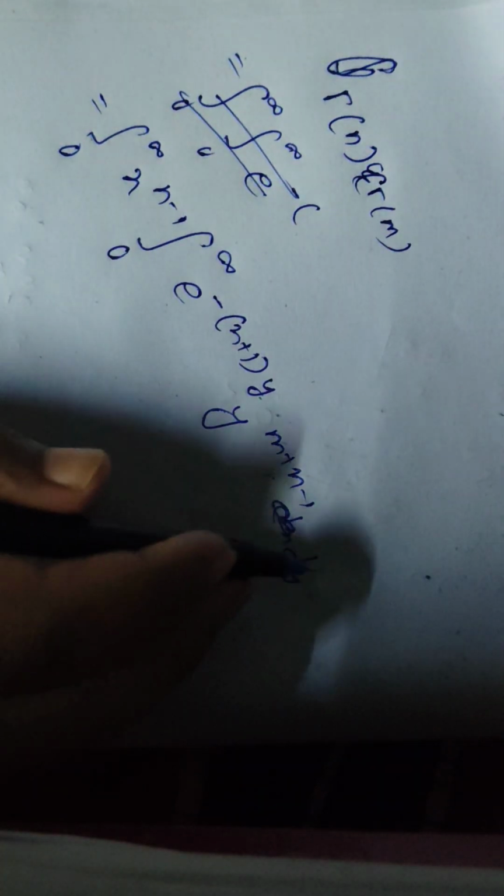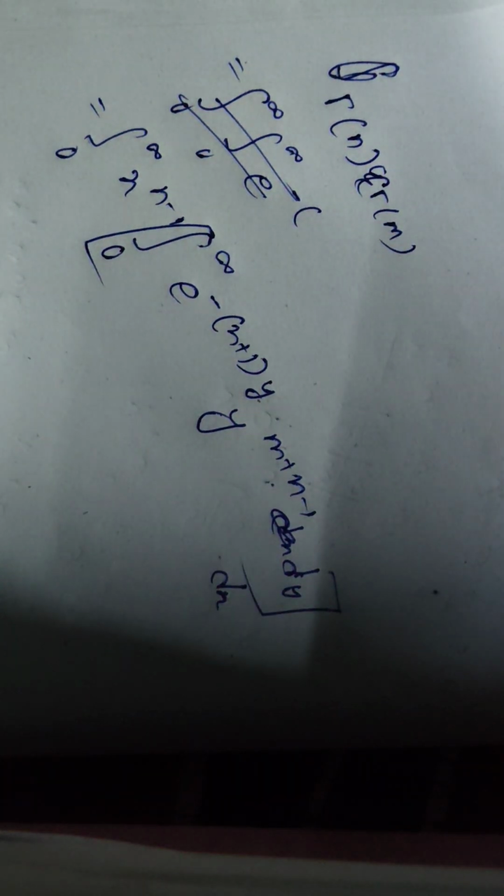Now 0 to infinity x to the power n minus 1, 0 to infinity x plus 1 into y, y to the power m plus n minus 1 dx dy. Hopefully it is visible.